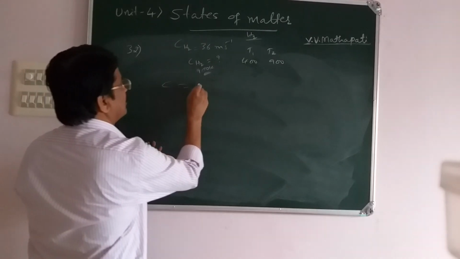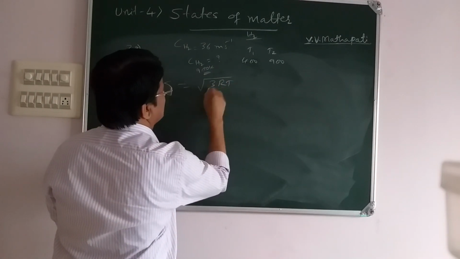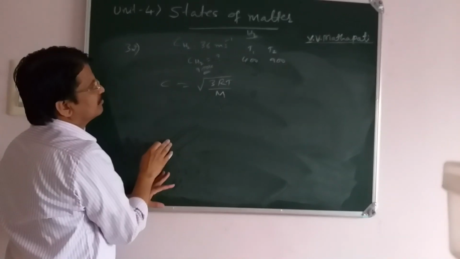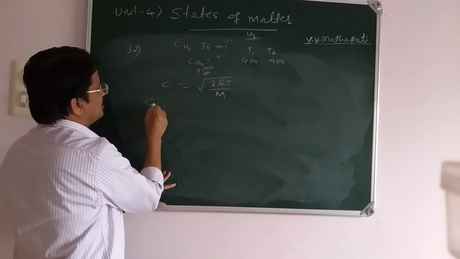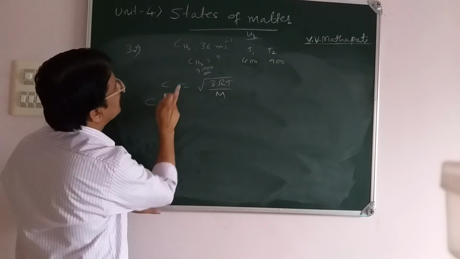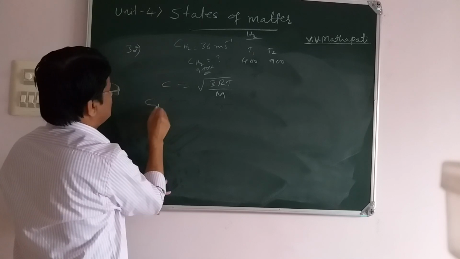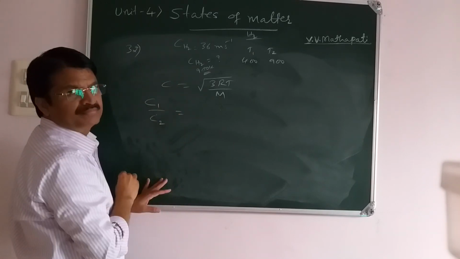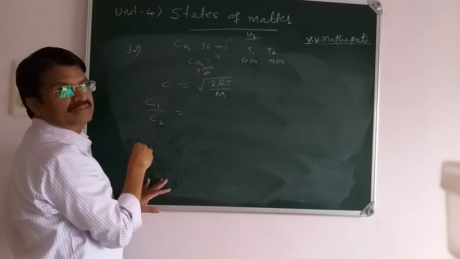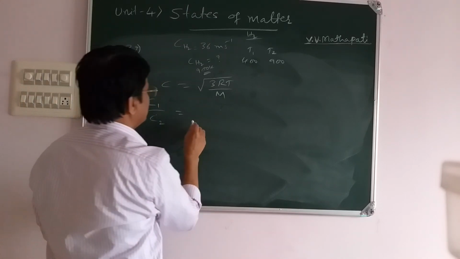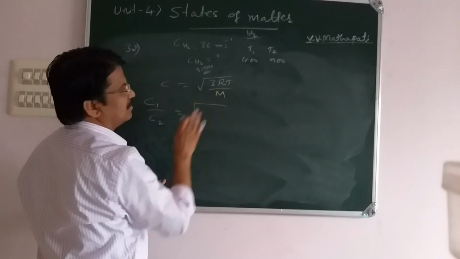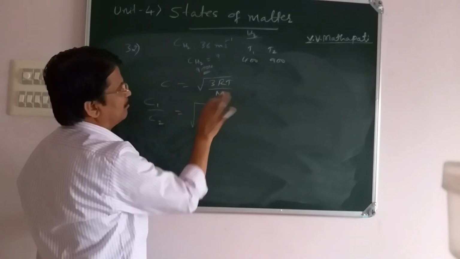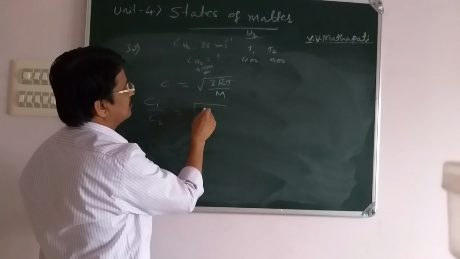So again we are using the formula C equal to root 3RT by M. Now take C1 by C2 equal to, both are RMSV of hydrogen for one condition, second condition. 3R cancel and M also cancels.